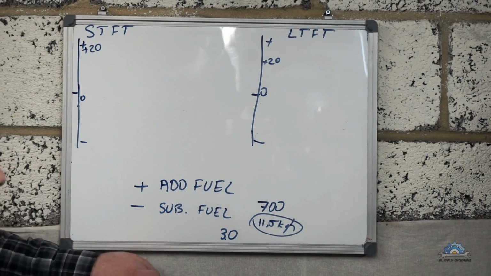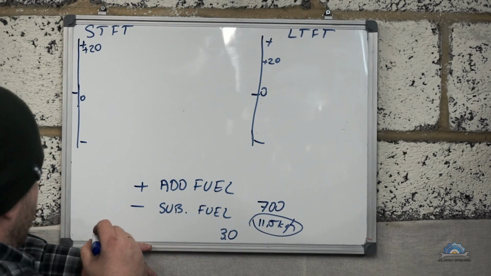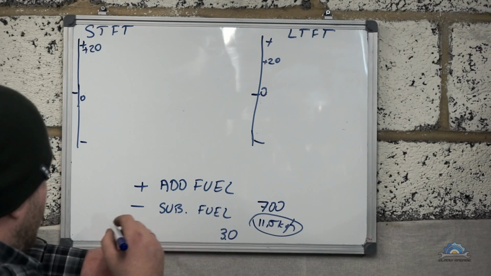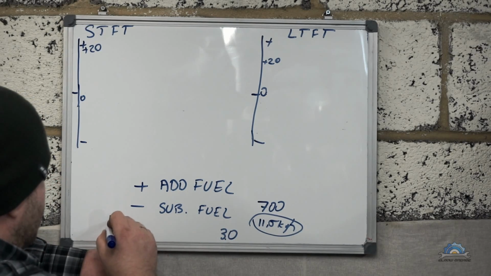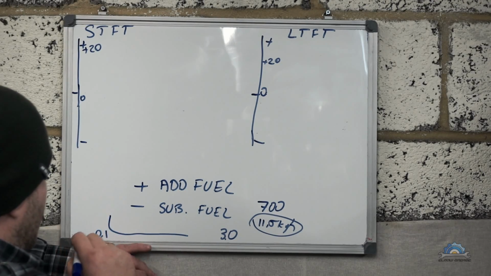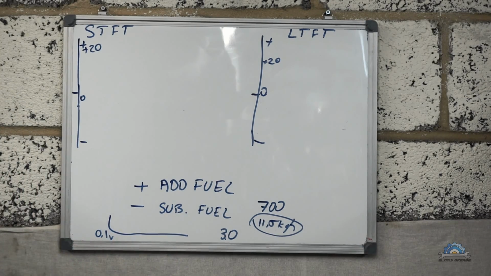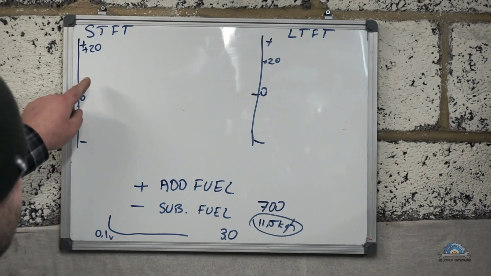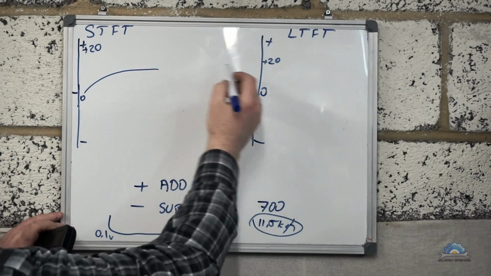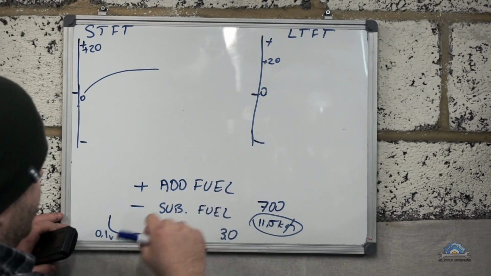So what's happening? Same as before, we have a lean condition, because we have more air for the amount of fuel, which gives us a low reading on the O2 sensor. Small voltage on the O2 sensors, and again the short-term fuel trim is going to show something like this, because plus means add fuel.